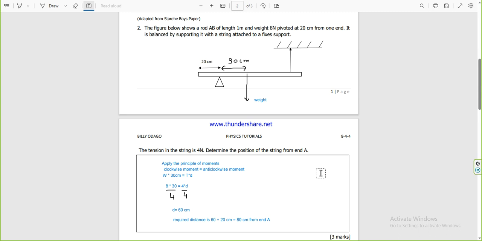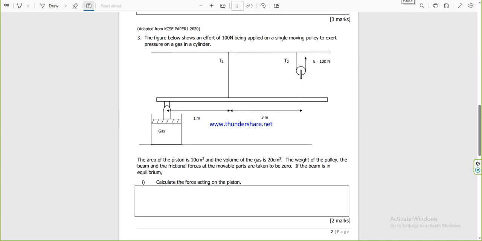Let's move on to question 3. To start off, we need to find the tension on the right side by looking at the effort, which is 100 newtons, and the tension T2.